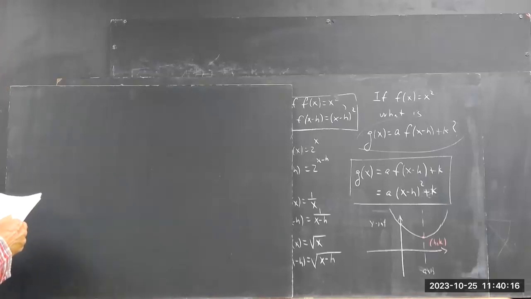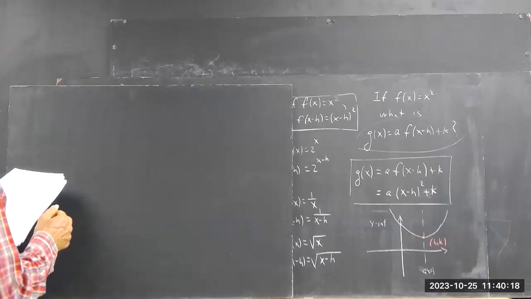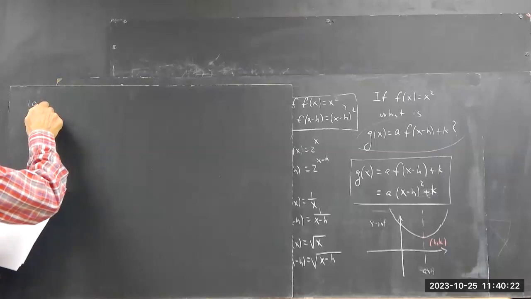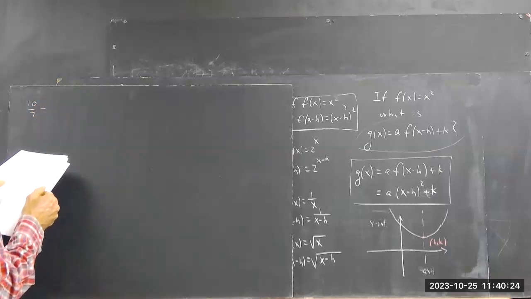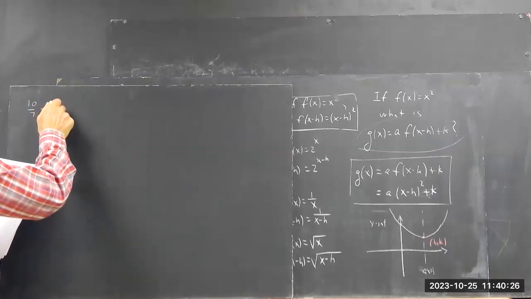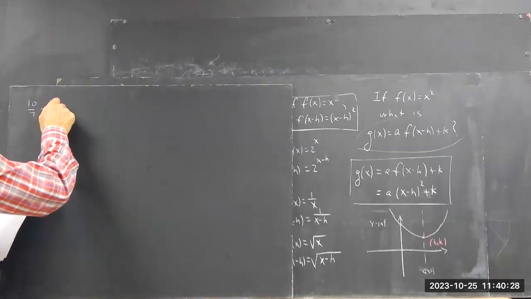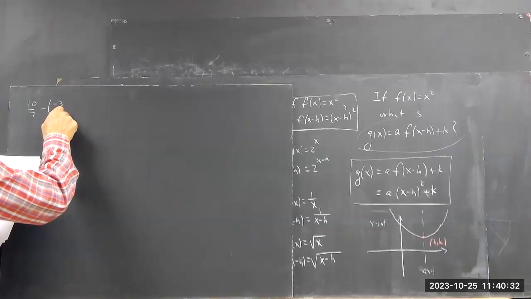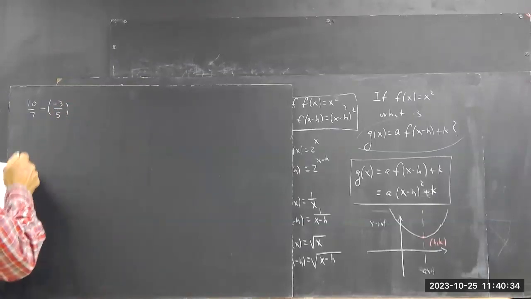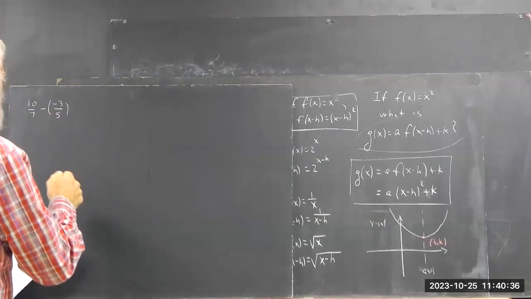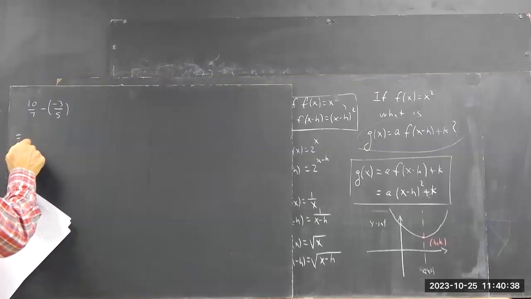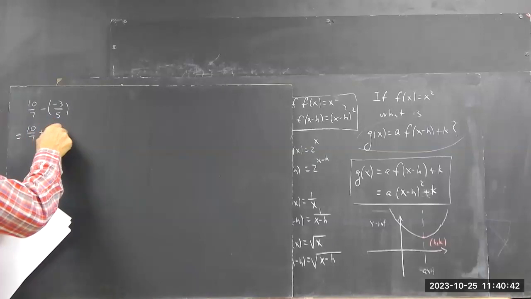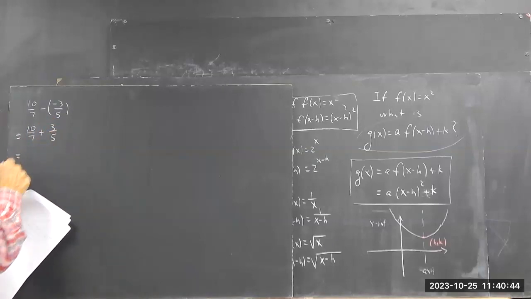So what we have is 10/7 minus negative 3 over 5. What's that equal? Well, that's the same as 10/7 plus 3 over 5.